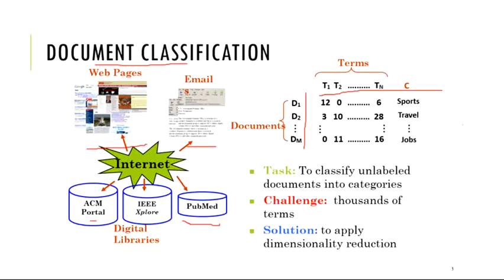So you've created some form of a dictionary for every document that you have. It is a collection of presence of some words and absence of some words, and then we count the frequencies. Based on those frequencies, we classify these documents into sports documents, travel documents, or job documents. The challenge is that there are thousands and thousands of terms.